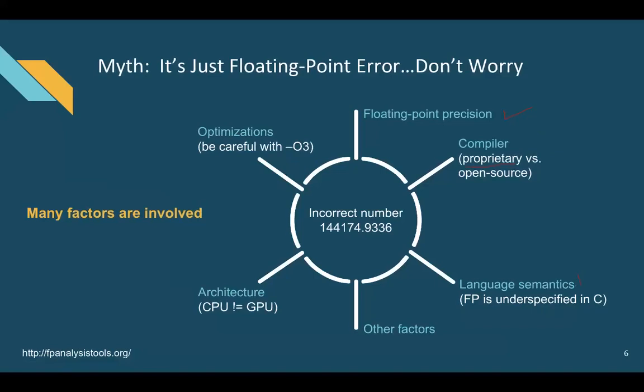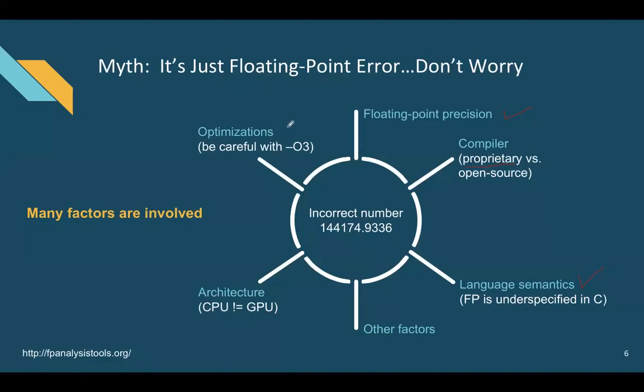The language semantics is also important. So, for example, floating point is underspecified in languages like C. So the semantics for C are not necessarily the semantics for other languages that you may be using, like Python, Julia, or something else. The optimization level is also very important.